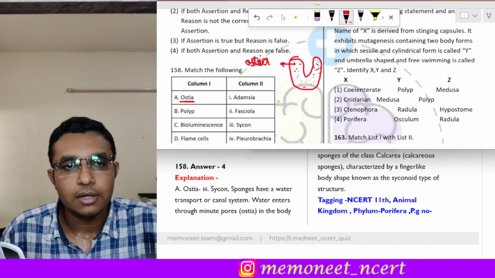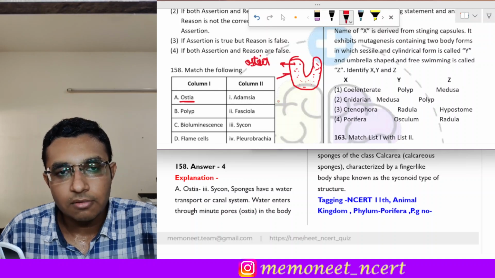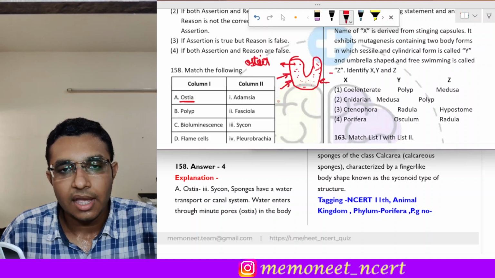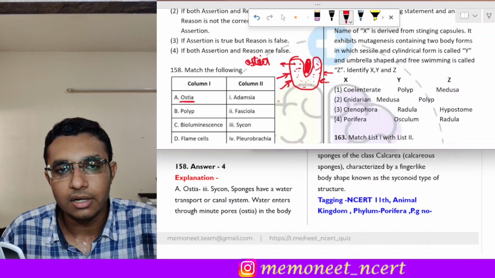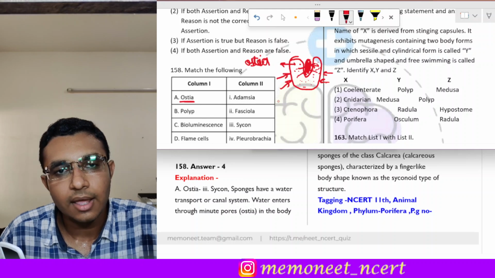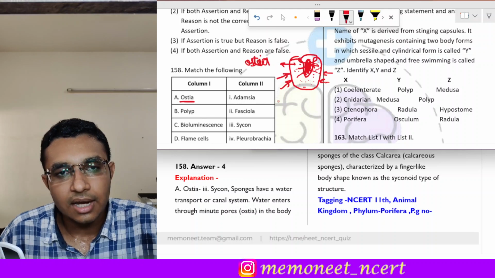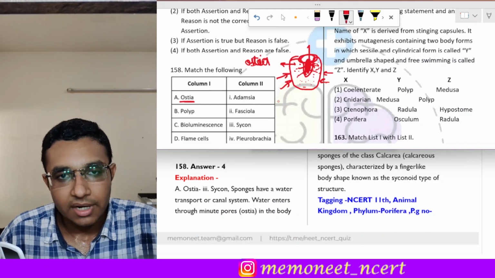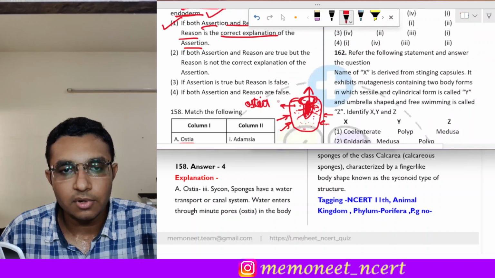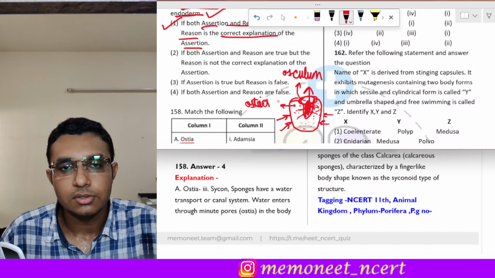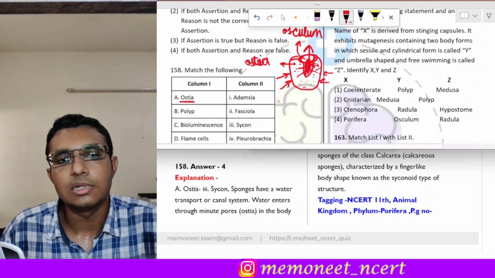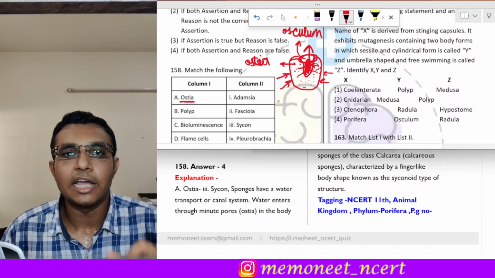From ostia the water enters, and there is a body cavity over here. This is the water canal which is formed. The water enters through these pores into the water canal, and then here there is a large pore in the center, so water exits through this pore, and this pore is called osculum. So this is how the water canal system works in the sponges or in the phylum Porifera.